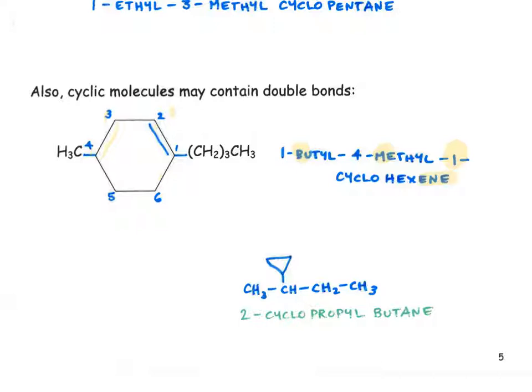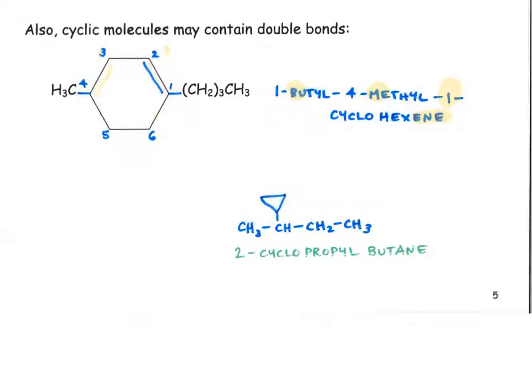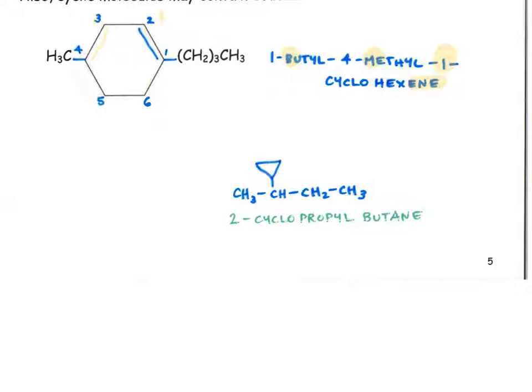Now, the last example shown here is when we have a cyclic structure that's attached to a base chain. So in this situation, our cyclic structure only includes 3 carbons. It's a cyclopropyl. Instead of calling that our base chain cyclopropane with a butyl side group, the butyl or butane has 4 carbons.